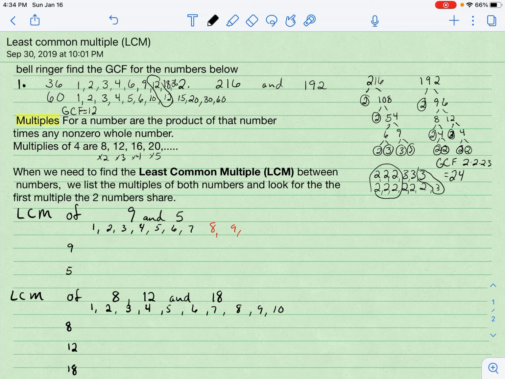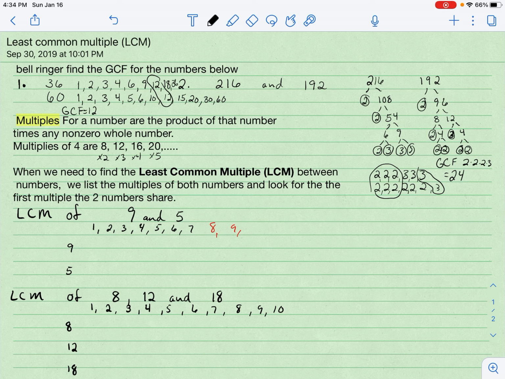Likewise, 192 is 2 times 2 times 3 times 2 times 2 times 2 times 2. That equals 192. So when you look at what they all share, they both have three 2's. So 2 times 2 times 2, which is 8. And then they share one 3. So then 8 times 3, which equals 24. And so our greatest common factor is 24.